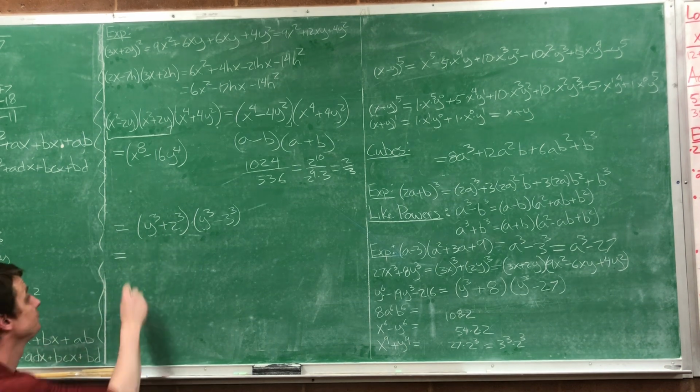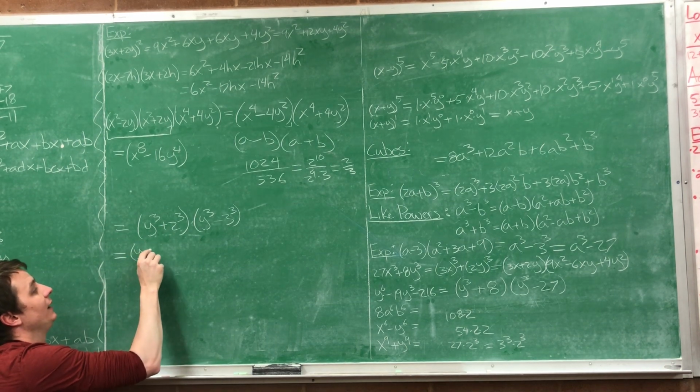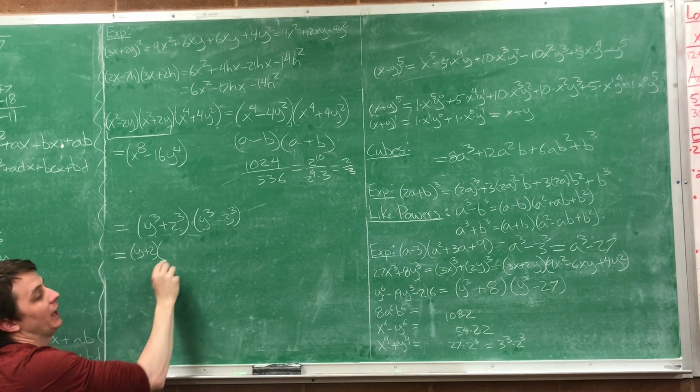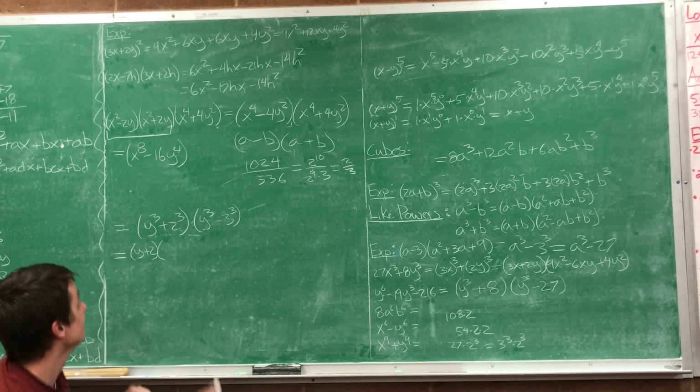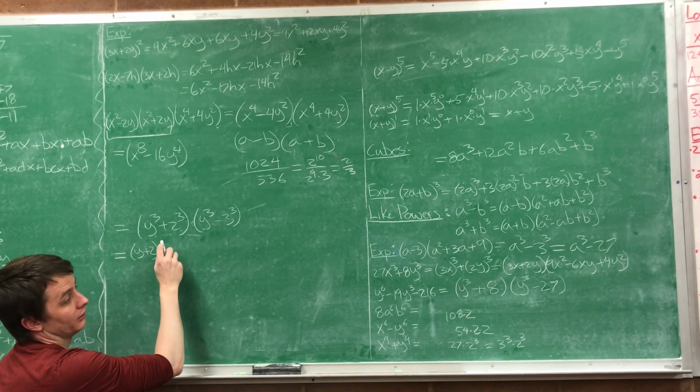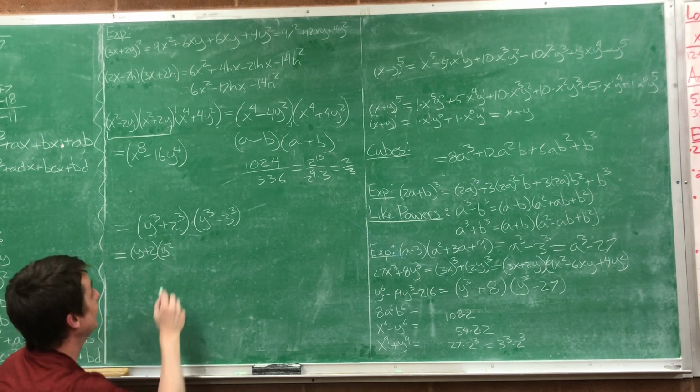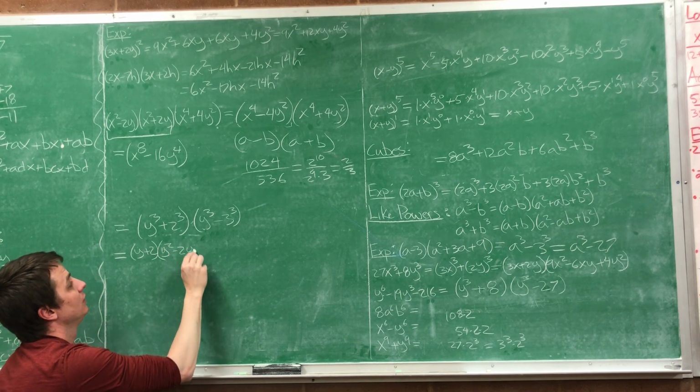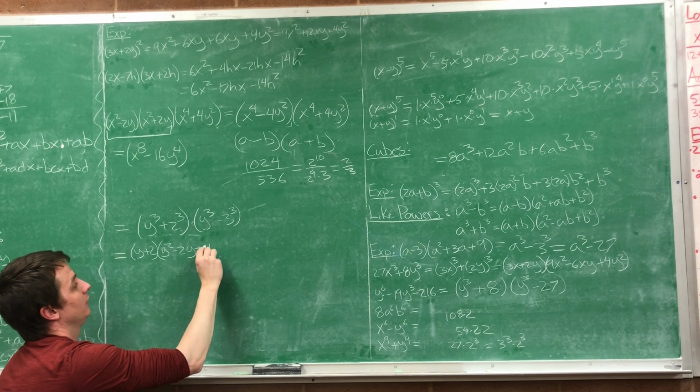Oh, I see. And so that's going to be equal to, notice from this term, I'm going to get a plus b, and then I'm going to be left with a squared minus ab plus b squared.